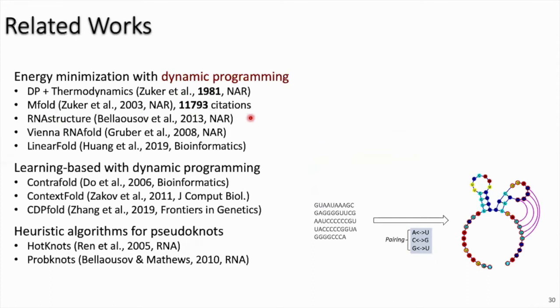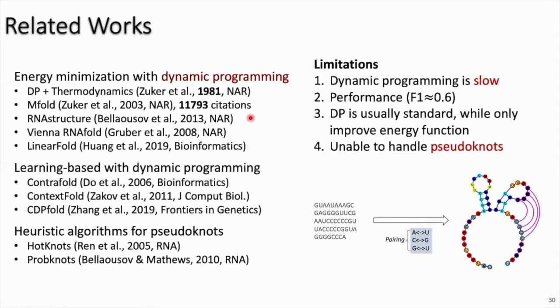However, the dynamic programming-based methods have the following limitations. First of all, DP can be slow. And secondly, even after around 40 years of study, the performance of the DP-based methods is still not very good, with the F1 score being around 0.6. The biggest reason is that people usually consider DP as a golden standard algorithm for solving this problem.